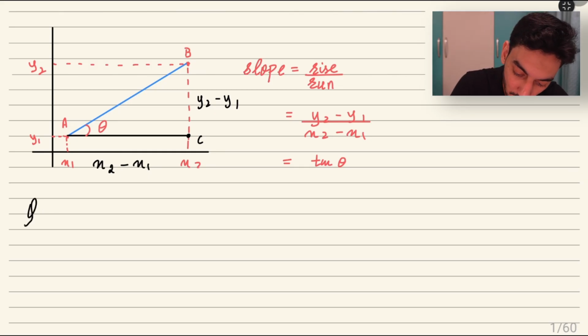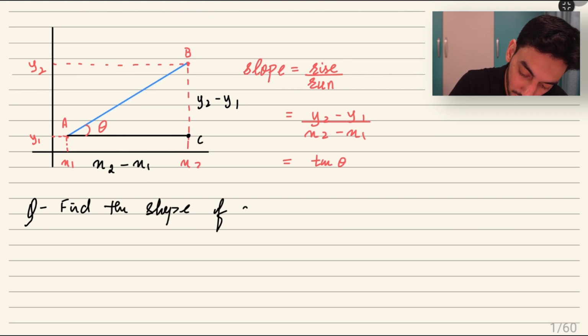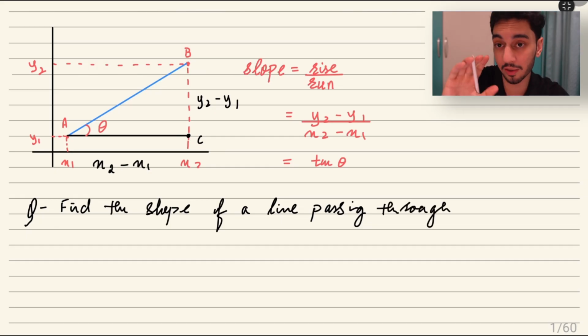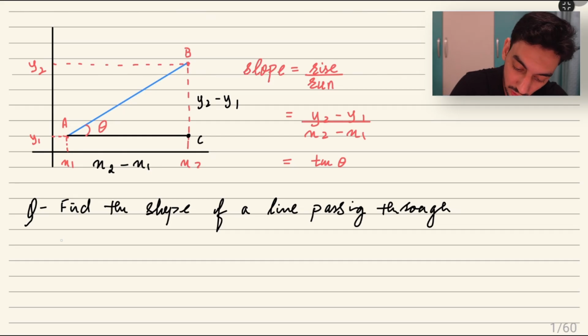Okay, so the question could be: find the slope of a line passing through the points, let's say P, which is (2, 5), and Q, which is, let's say, (negative 7, 10). I know my handwriting is very good, so just pardon me for that.